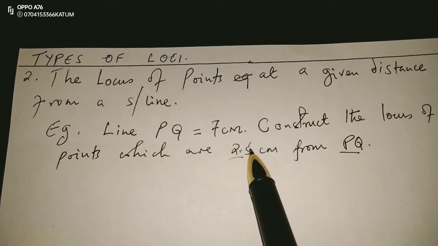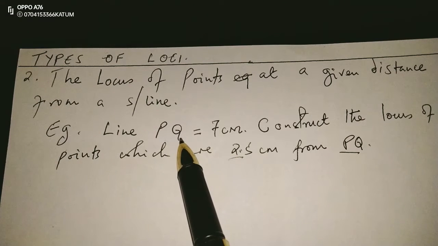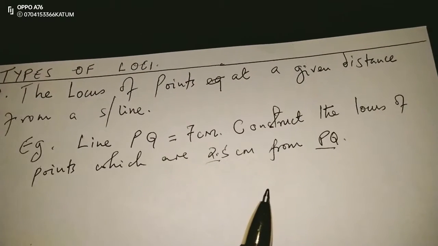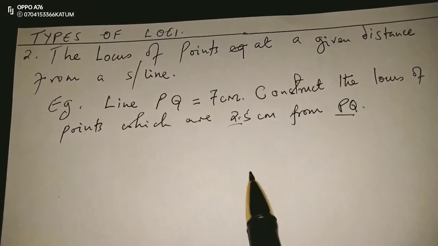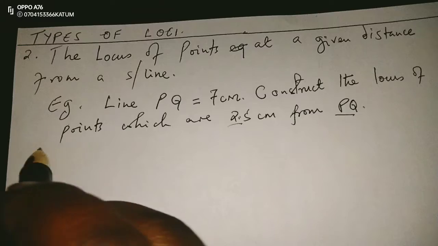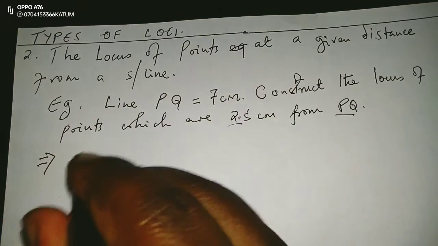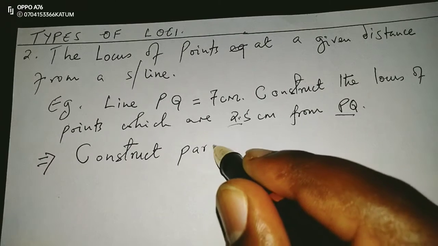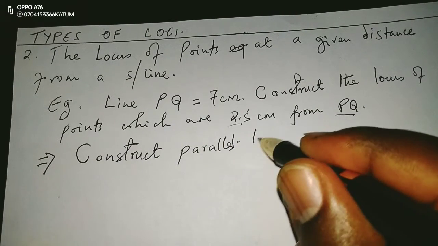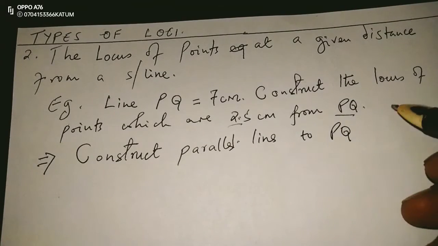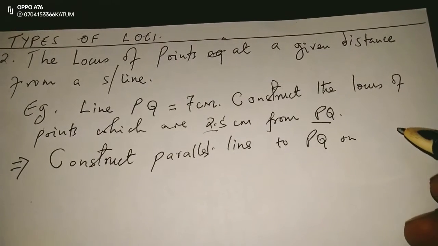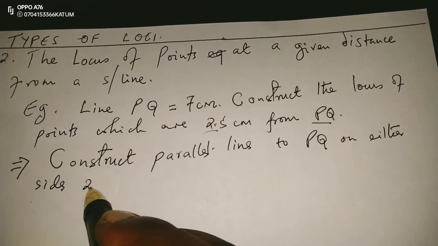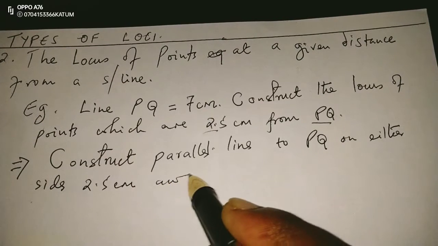For points to be constantly at a given distance from a certain straight line, for instance PQ, this means it is the construction of parallel lines on either side of PQ, 2.5 centimeters away.